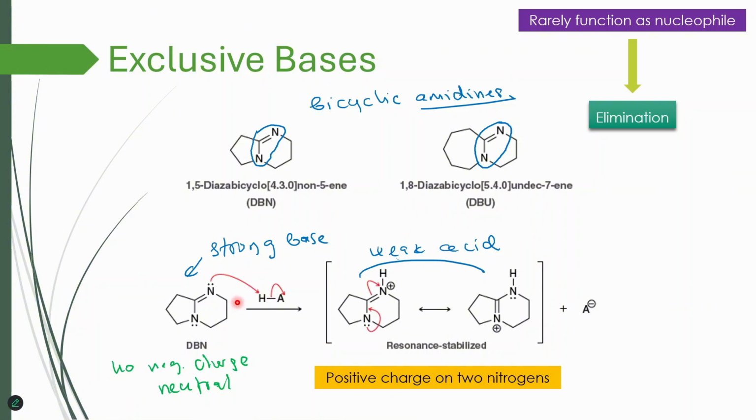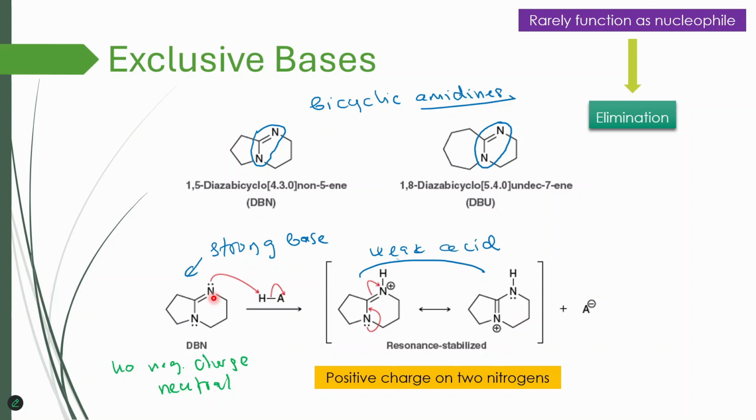Because they would love to get protonated so that they can become more stable. So it doesn't go back because it's very stable. It's happy with its protonated form, because it can delocalize this positive charge onto two nitrogens. And that's a property of amidines. After one of the nitrogens becomes positively charged, it can delocalize, so it makes it very stable. And that's why this original DBN or DBU similarly are very strong bases.